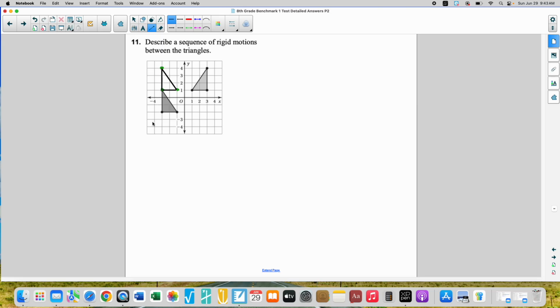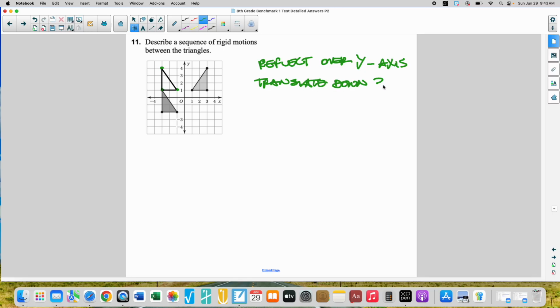And then if we shift it down 1, 2, 3, if we translate it down 3, we would get it. So reflect over the y-axis, and then translate down 3 would get us our new object. Good.